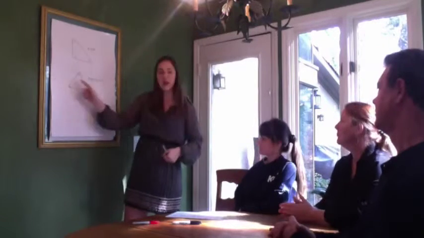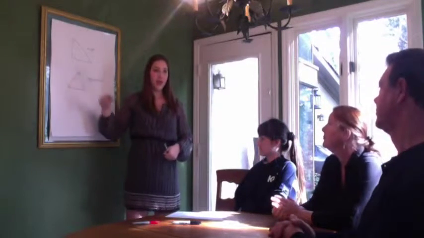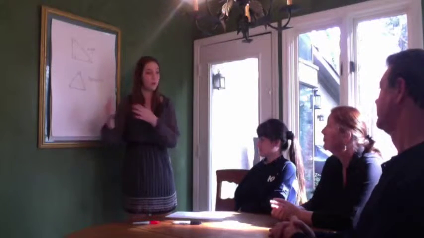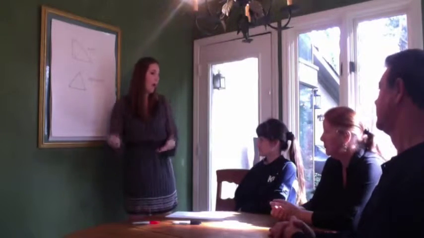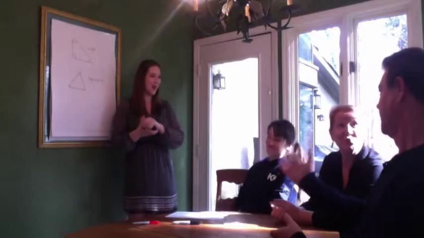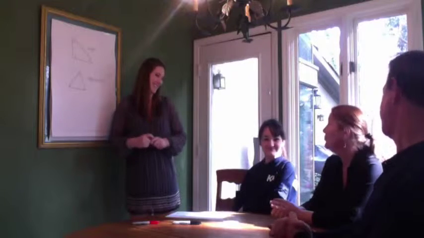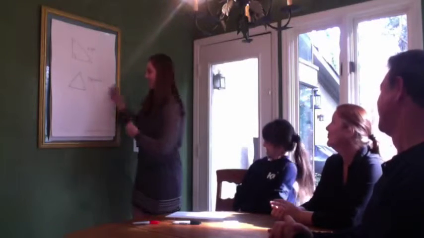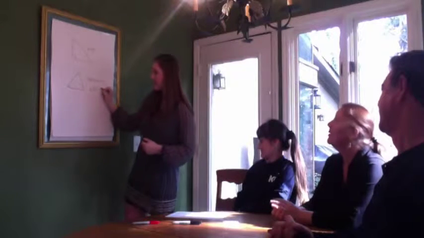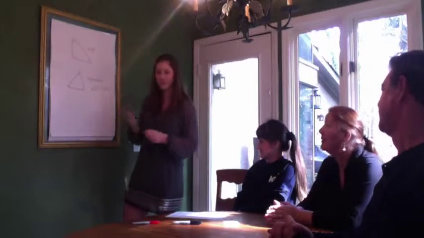So if those 3 angles are all equal, and we know that the sum of those angles equals 180 degrees, what would one of those angles equal? Mr. Bob, I saw your hand first. I'll bet 60 degrees. Good, because we divide 180 by 3, and that equals 60.